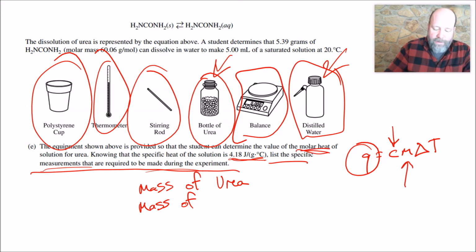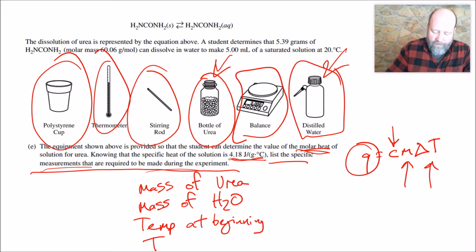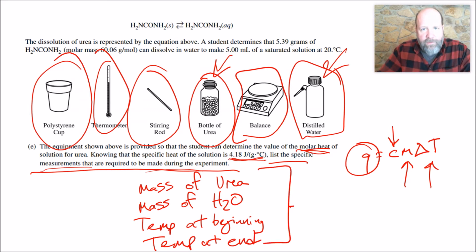And mass, we need, it's going to be the urea plus the mass of the water. So we need the mass of the water. And then delta T, so we need the initial and the final. So temp at the beginning and the temp at the end. That's what you need to get this question right. This is one point, this is the other. So the masses, that's one point, and the temperatures, that's the other point.